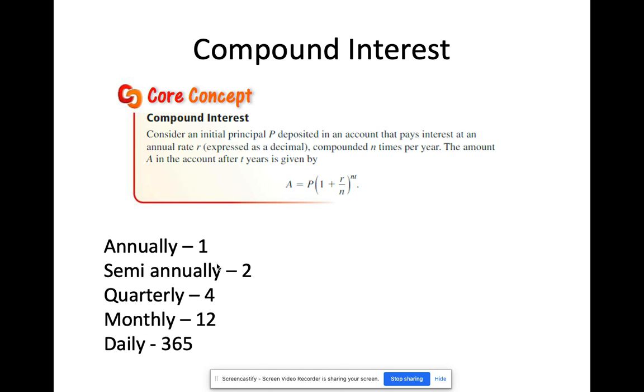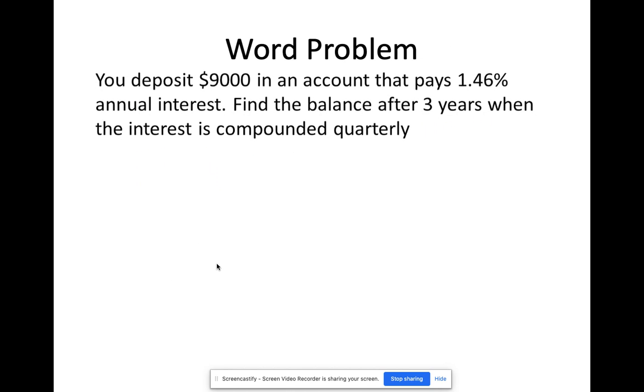So let's have an example. Suppose you deposited 9,000 in an account that pays 1.46% annual interest. Find the balance after 3 years when the interest is compounded quarterly. So let's see what we have here. You have an initial money, which is 9,000.